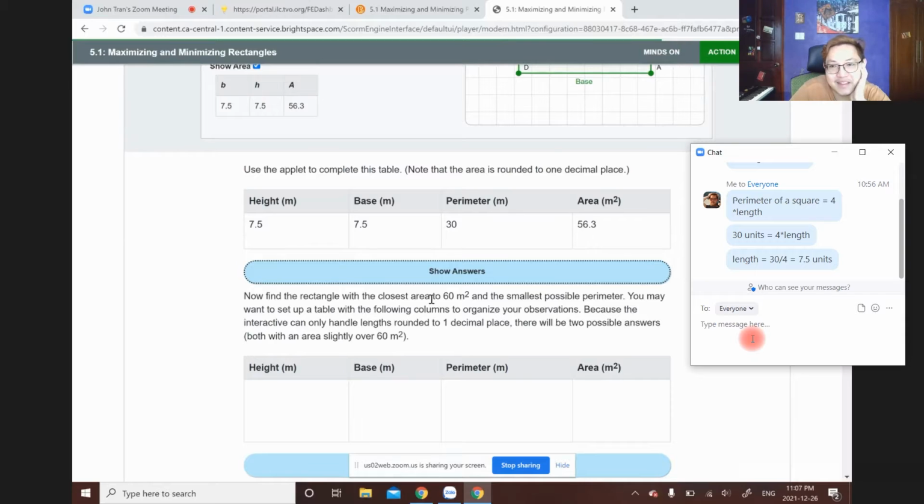Use the applet, a little small app. Find a rectangle with the closest area to 60 meters square.